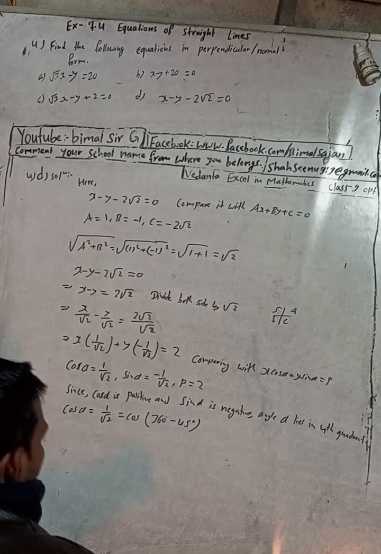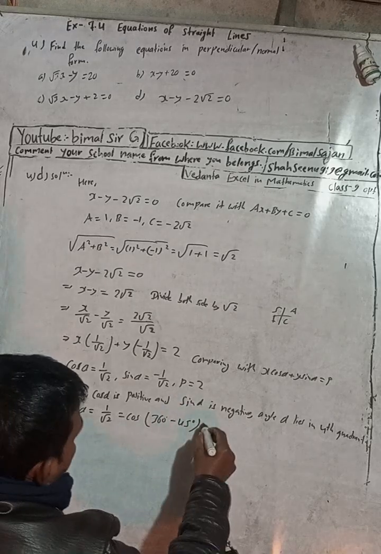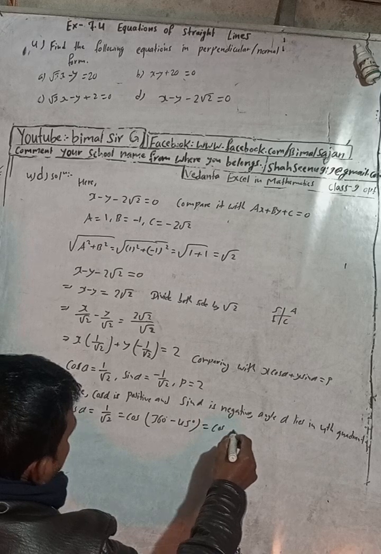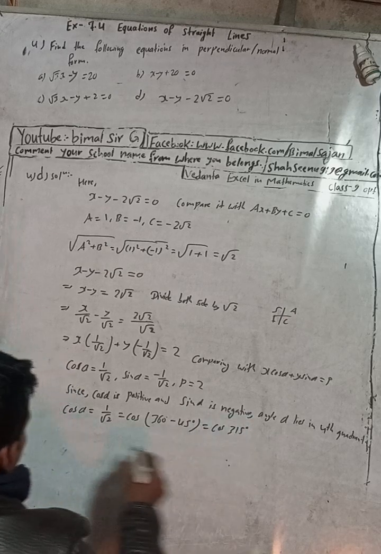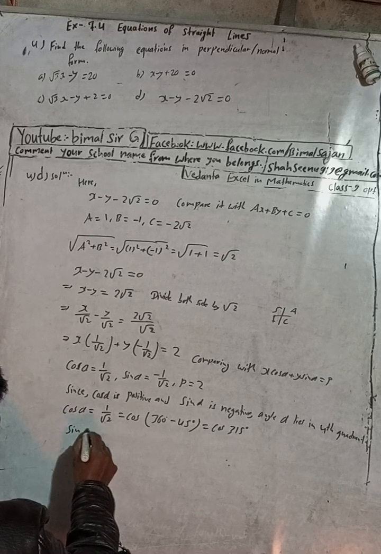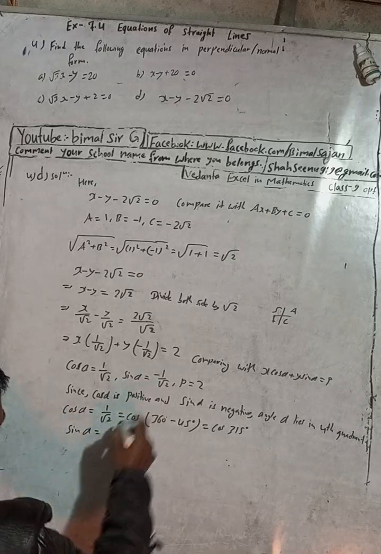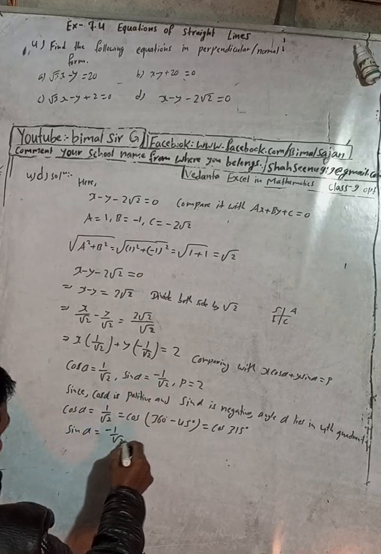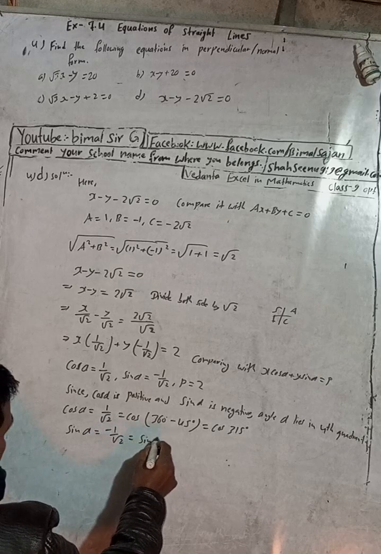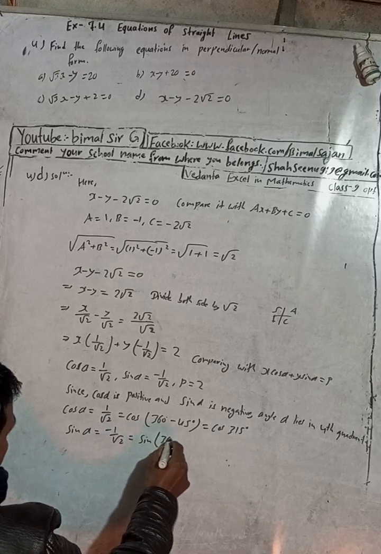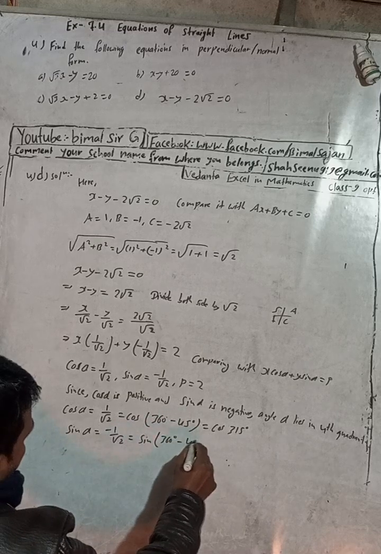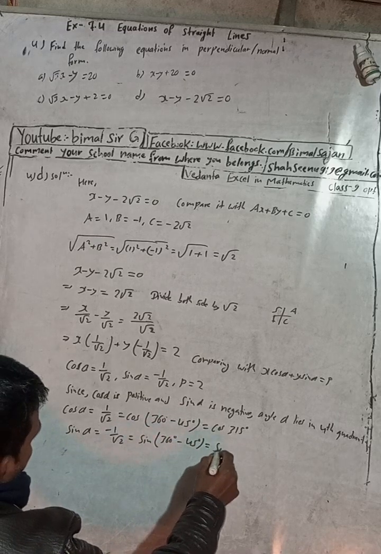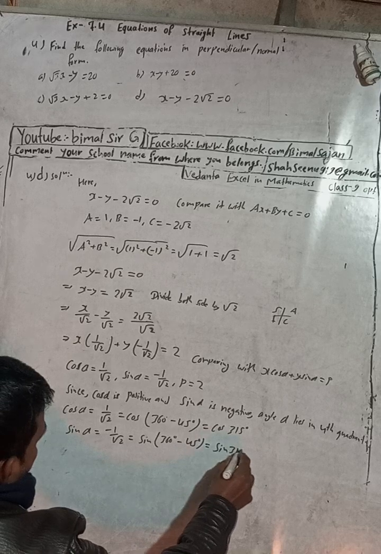So this can be written as cos 315 degree. And again sin alpha is equal to minus 1 by root 2. This is written as sin of 360 degree minus 45 degree, fourth quadrant, that's why. This can be written as sin 315 degree.